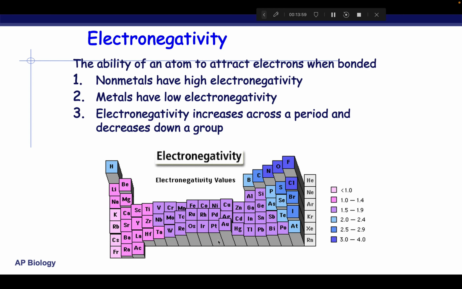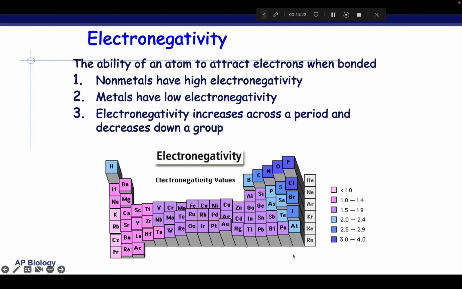And luckily, if you look at this periodic table, there's a pattern in electronegativity on the periodic table. So when we look at the periodic table, electronegativity increases as we go from the left side of our periodic table towards the right side.